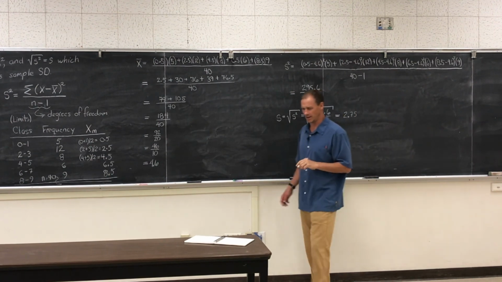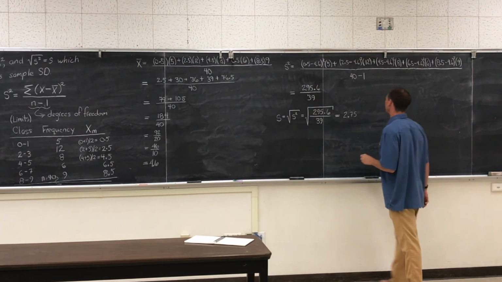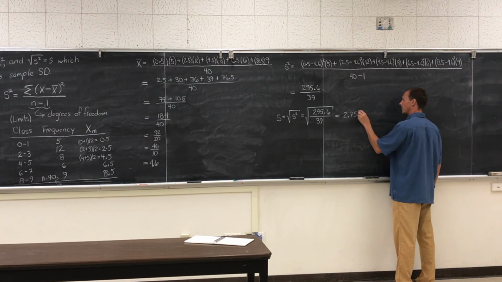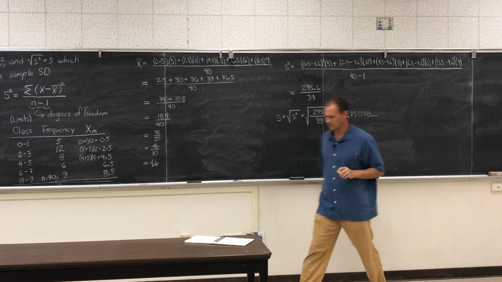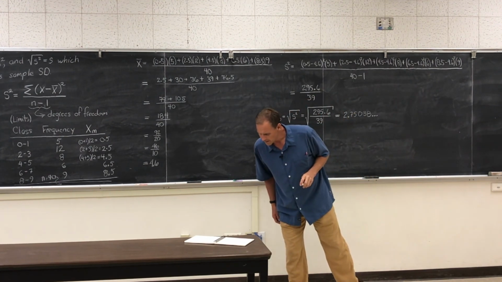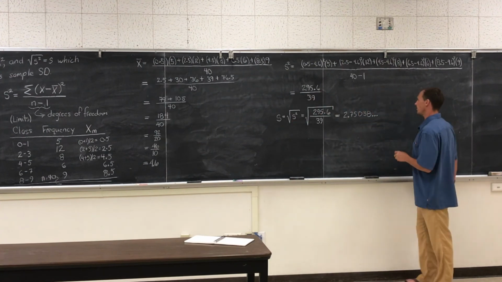Goes out a long way. 30803, and it just keeps going on and on and on. 75308684. Okay, it goes on.